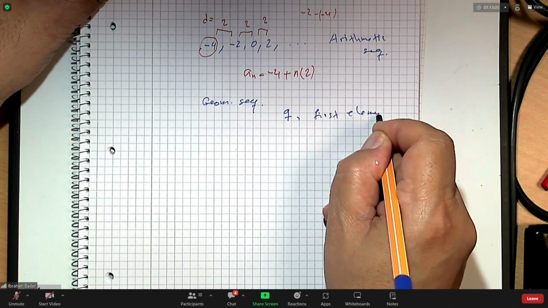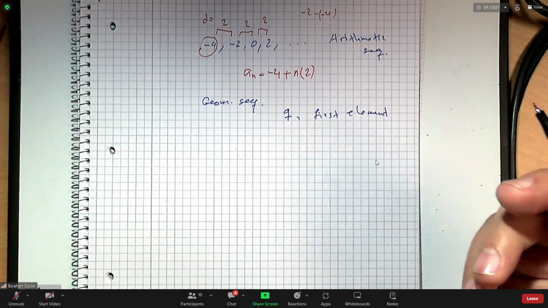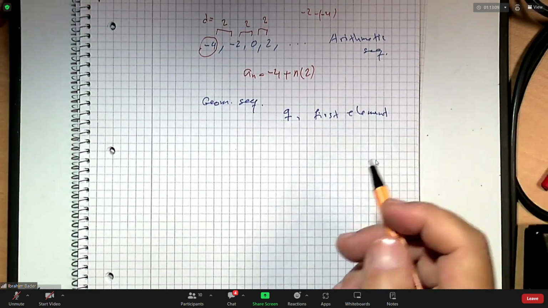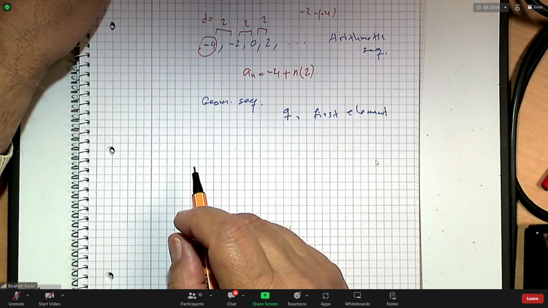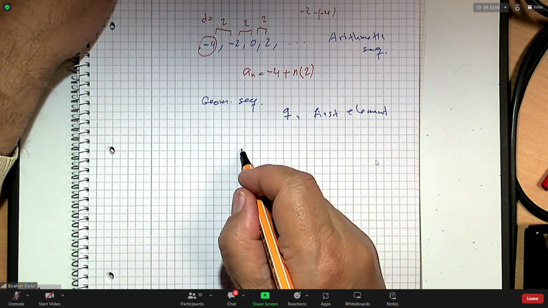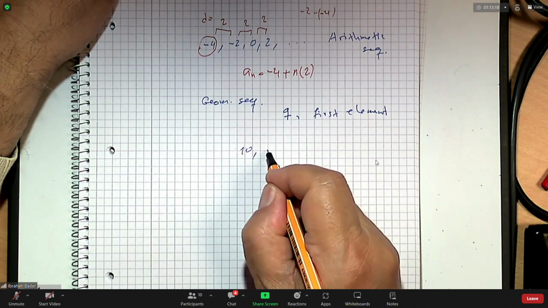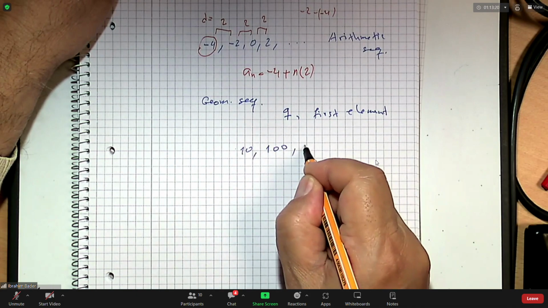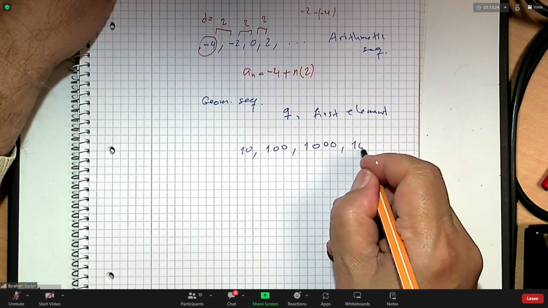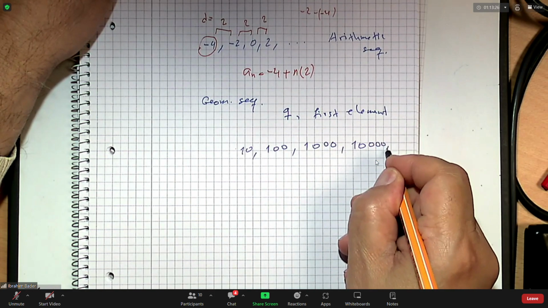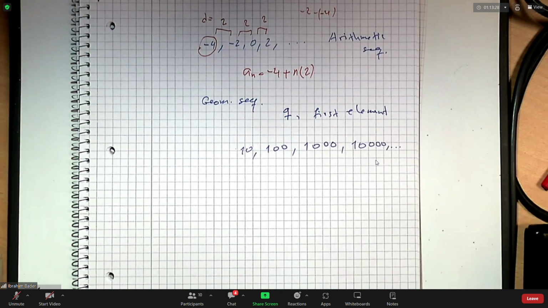The first element is usually given, it's the first element of the sequence. But what is Q? For instance, let me take this simple one: 10, 100, 1000, 10,000, and so on. Okay.